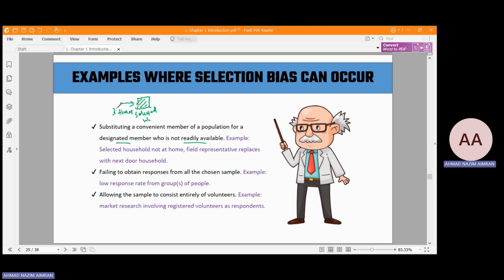So since there is no one at this house, you go to the next house, and this house is not randomly selected.